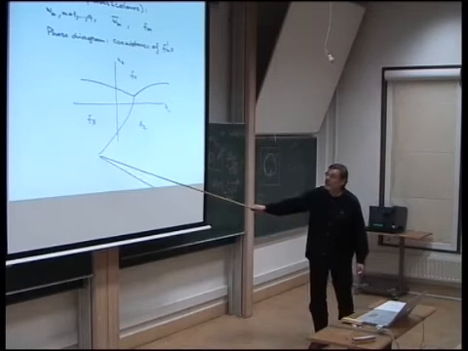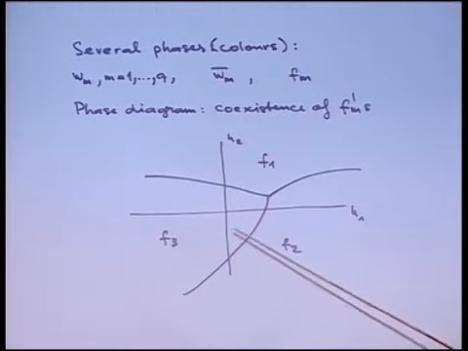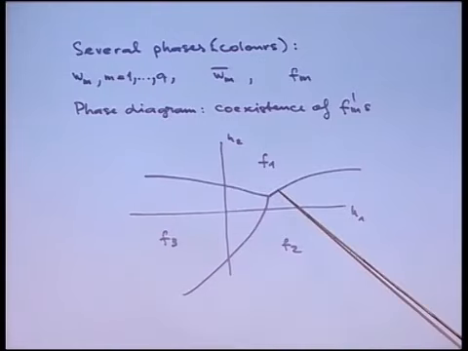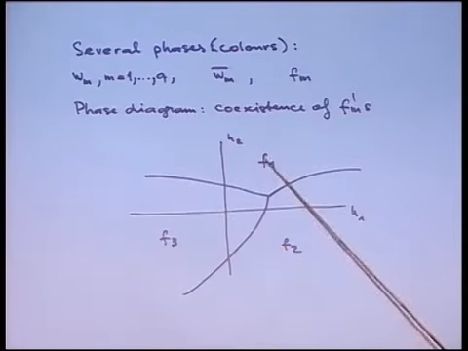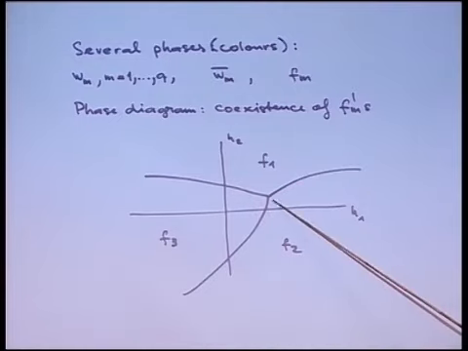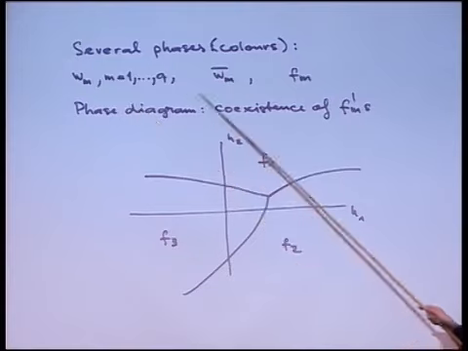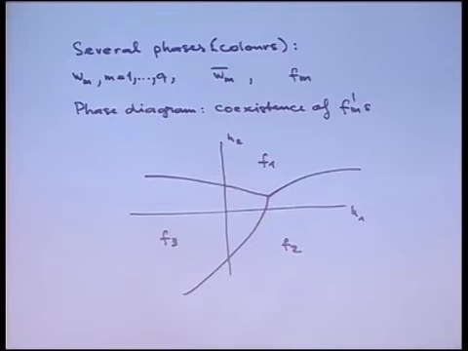Then I have lines where F3 and F2 give exactly the same value, a line where F1 and F3 coincide, a line where F1 and F2 coincide, and a point where F1, F2, and F3 coincide. So I always have a phase diagram like that. So if you fully state Pirogov-Sinai theory, it says something about the general phase diagram of a situation like that.